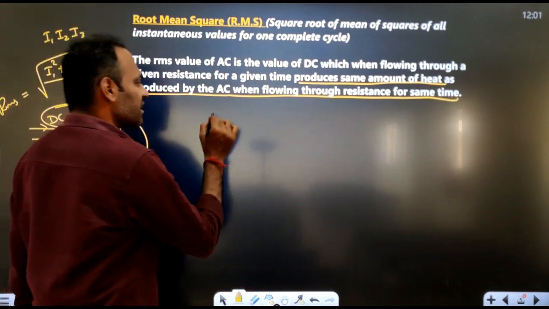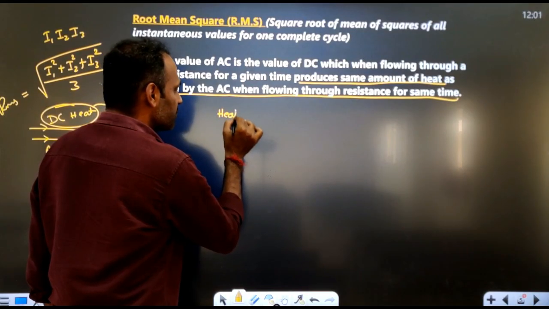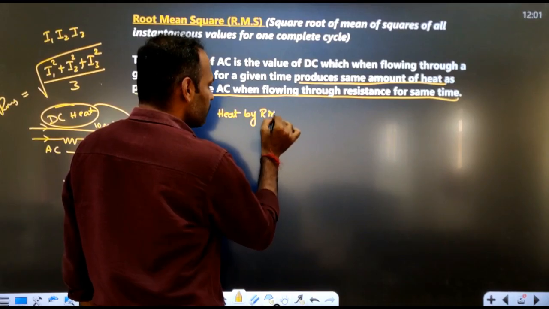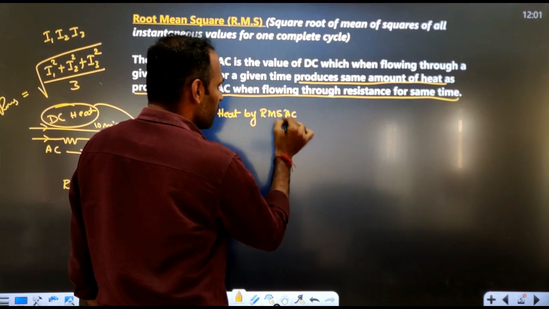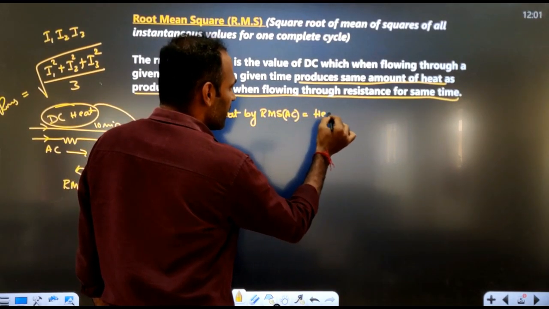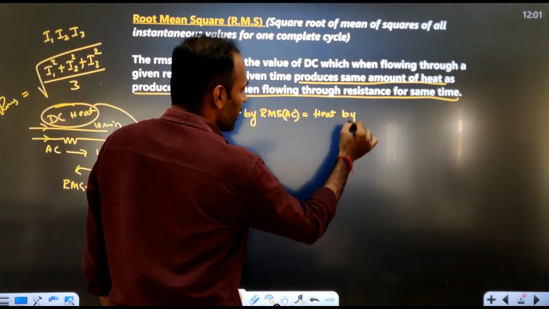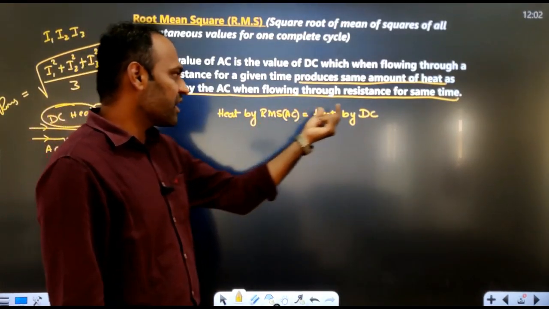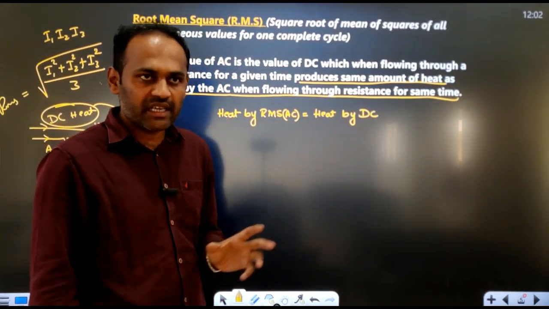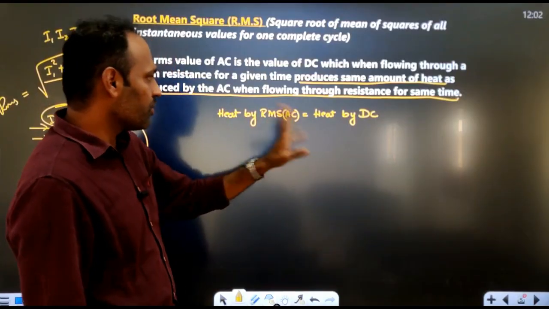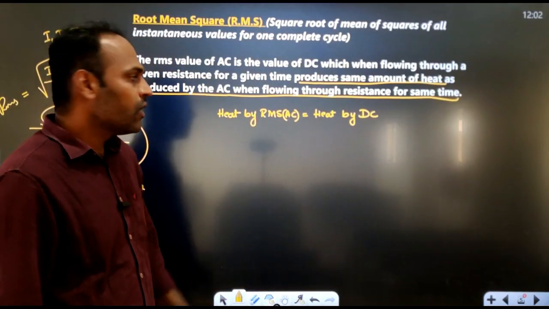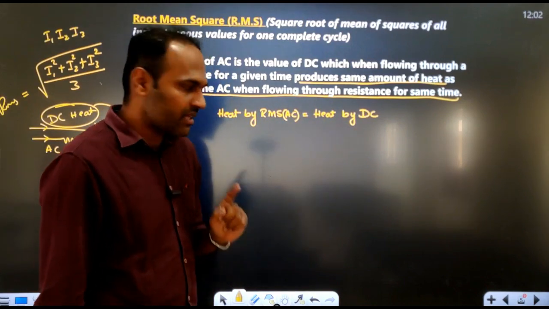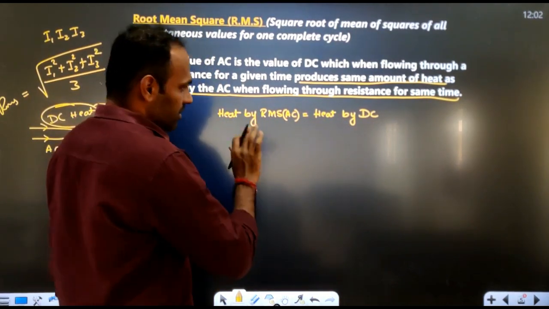Or you can simply write it like this: heat produced by RMS value of AC is equal to heat produced by DC when both are passed for the same time. Pass AC for 10 minutes, pass DC for 10 minutes. Then both produce the same amount of heat. Okay, heat produced by RMS equal to heat produced by DC, that we'll see later.